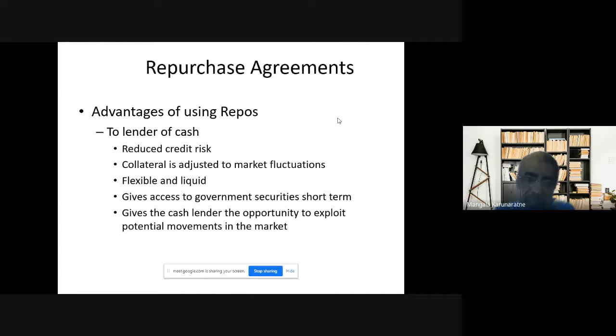So these investors or these customers get benefit by using repos. Now, when I say reduced credit risk, if you use government securities as the security, then we can consider it as zero risk, right?